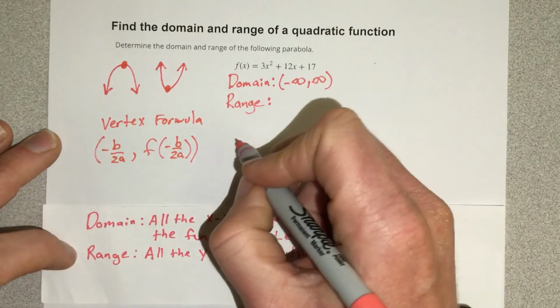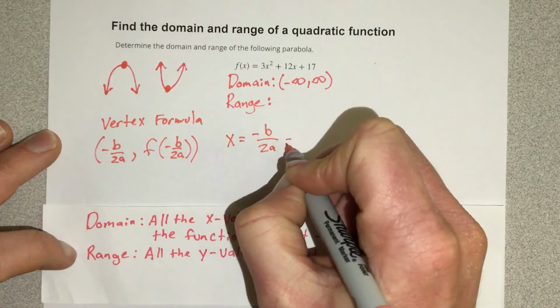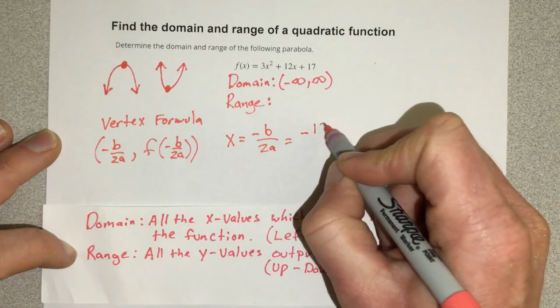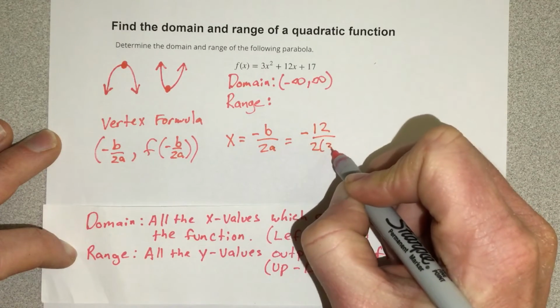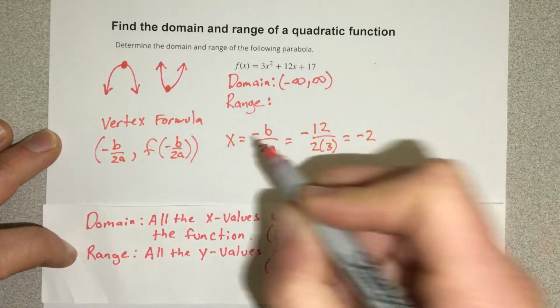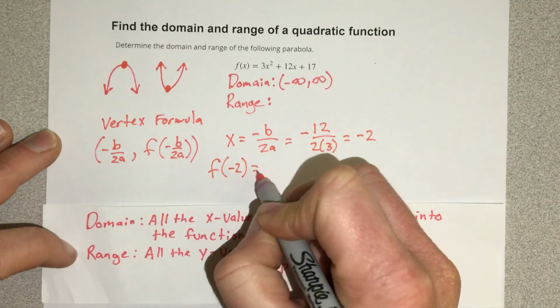So we're going to say that x equals negative b over 2a, which means that we have negative 12 over 2 times 3, which is negative 2. We don't care about the x value, we want the y value, so we plug it back into the function to find the y value.